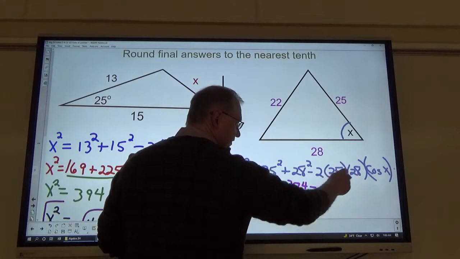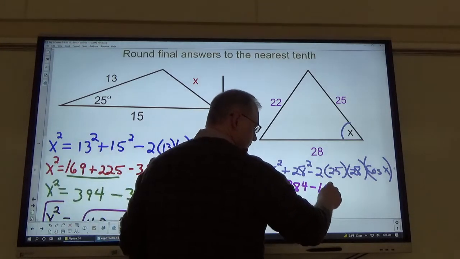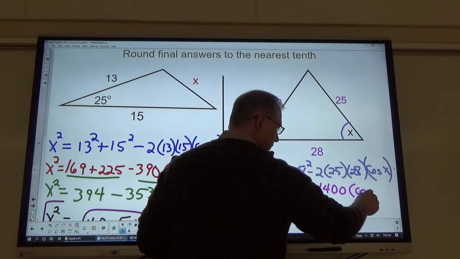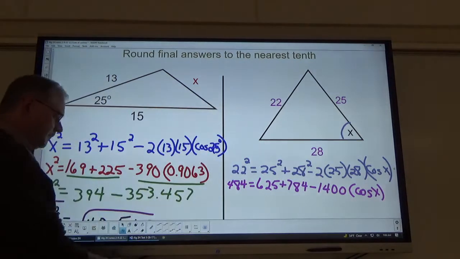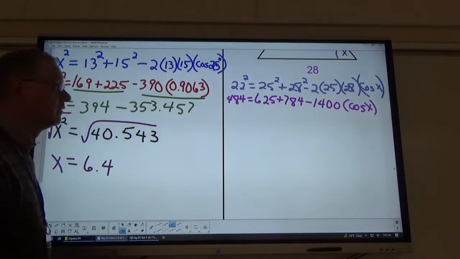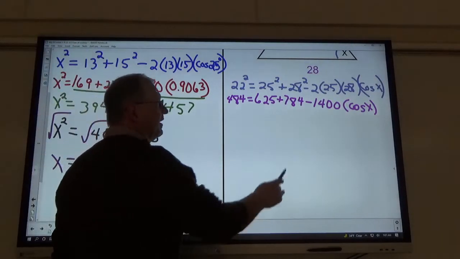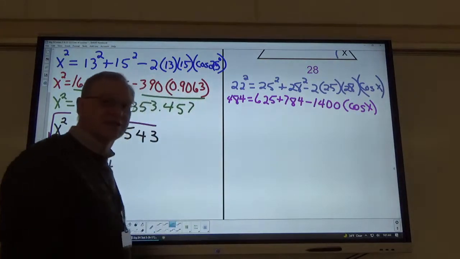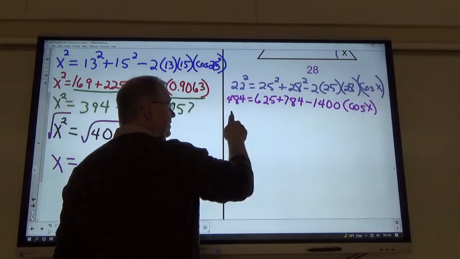I'm going to do these multiplications, that's 1400 cosine of x. All right. Now, here's where a lot of students make a mistake. They try to combine these 2 and this, but that's multiplied times cosine of x. You can't do that. So make sure you're paying attention to that.